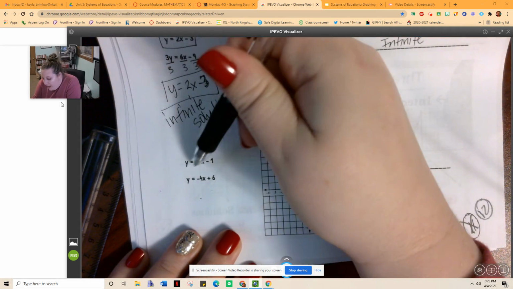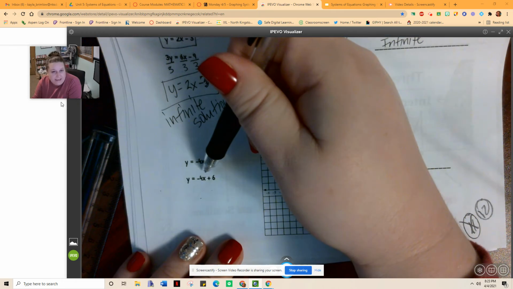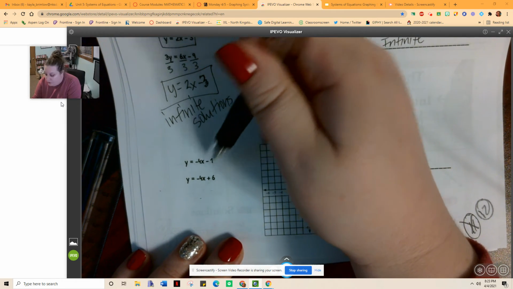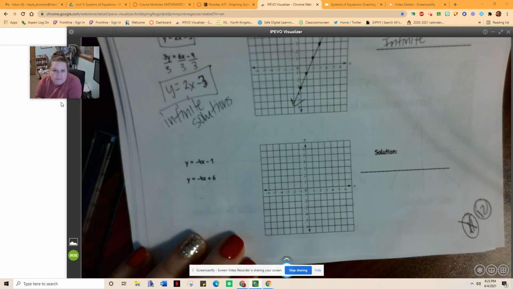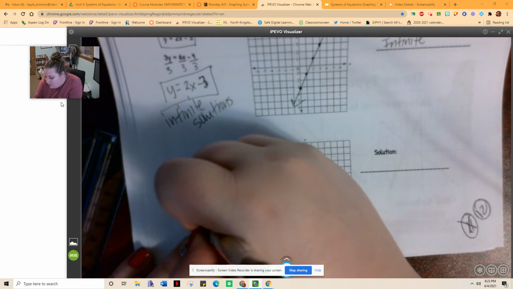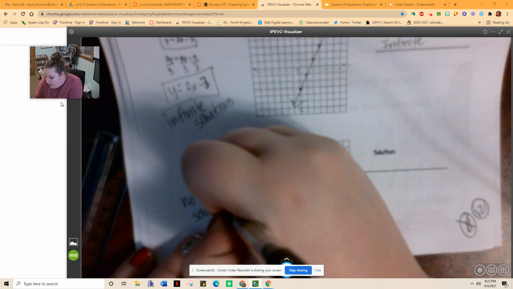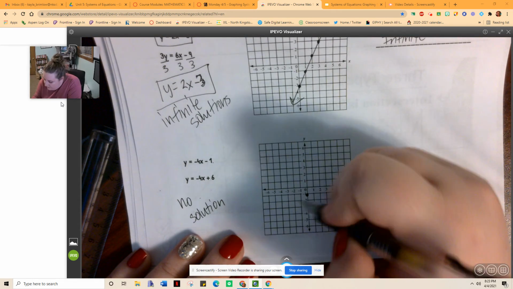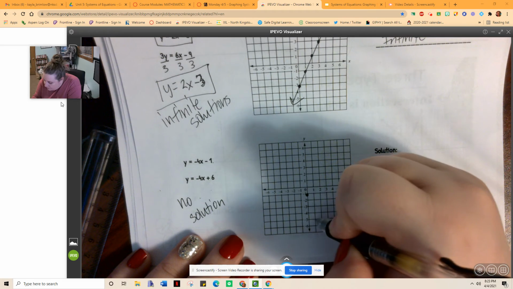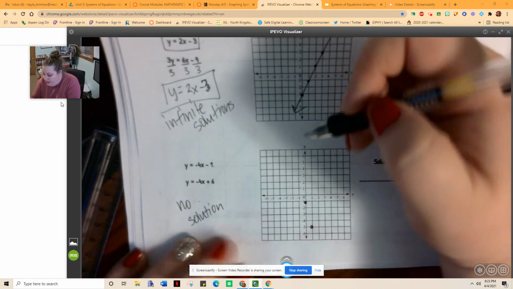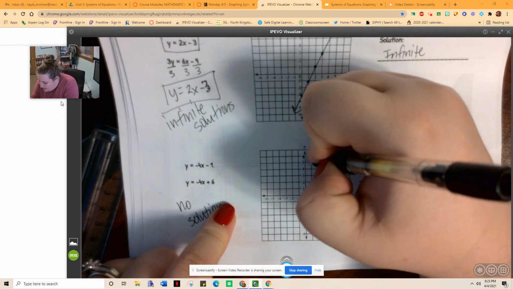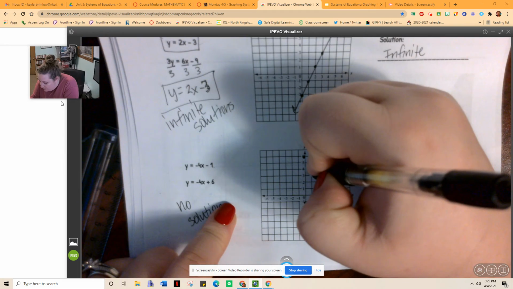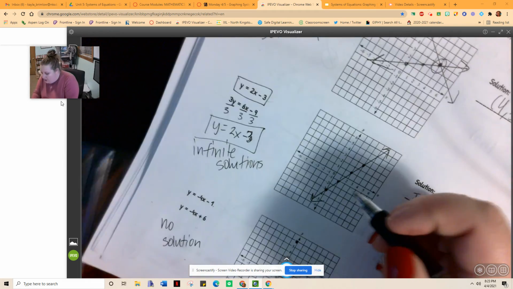All right, now our last one, they have the same slope, which could indicate they're infinite or no solution. However, they're starting in different places or hitting the y-axis at different places. So this is going to be no solution. They're going to look like parallel lines. So for this, I'm going to start at negative 1, and then I'm going to go down 1, 2, 3, 4 over 1. Okay. And then for this, I'm starting at 6, and I'm going to go down 1, 2, 3, 4 over 1.